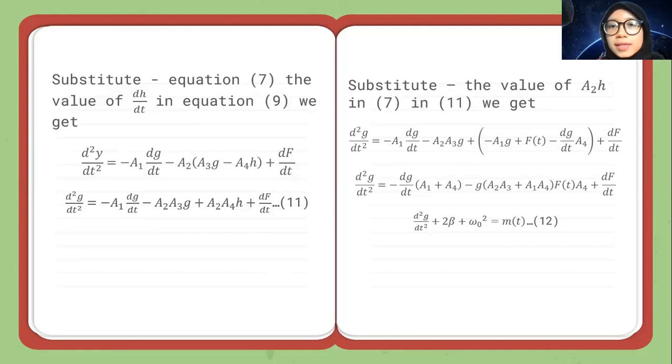Then we get equation 12, that is, the second derivative of G with respect to T plus 2 beta dG/dt plus omega 0 square G equals M(t).